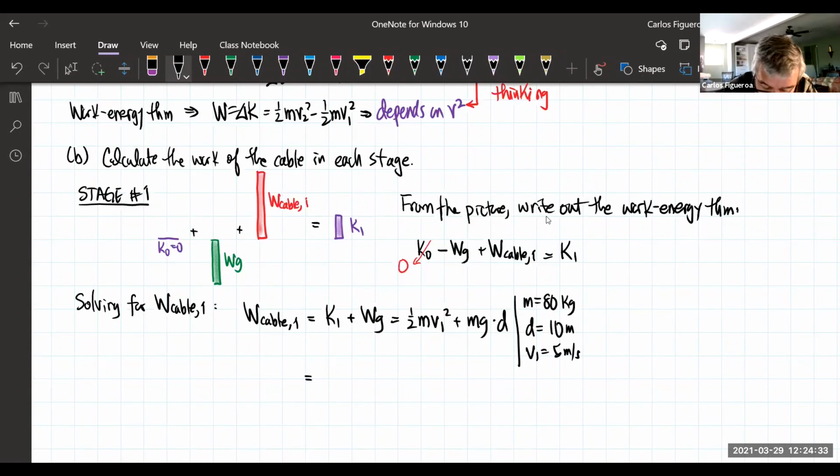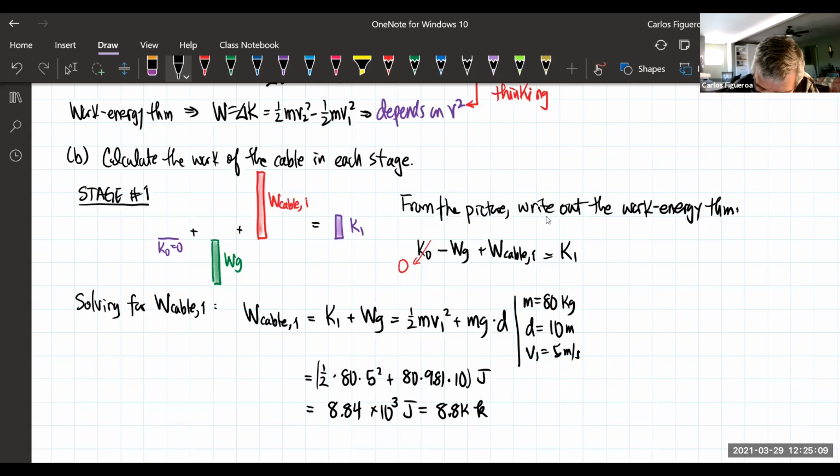I'm going to get 1/2 times 80 times 5 squared plus the work of gravity, which would be 80 times G times D, which is 10. Note that this will all have units of joules. If you compute this, I get 8.84 times 10 to the 3 joules, or 8.84 kilojoules for the work of the cable.